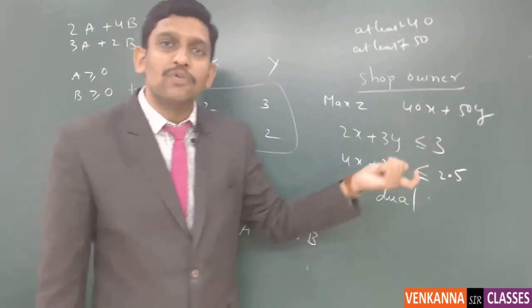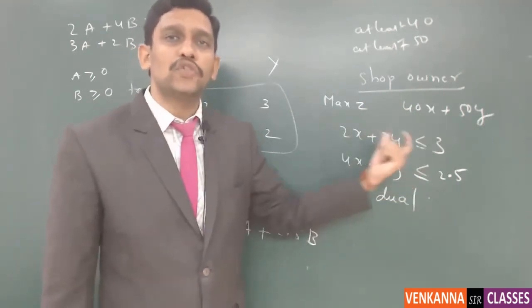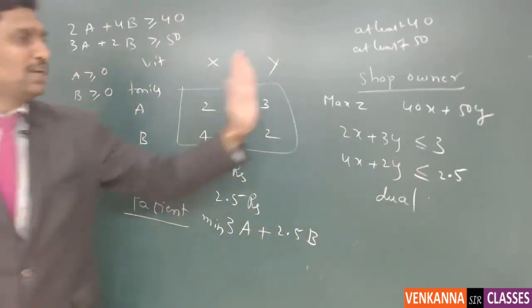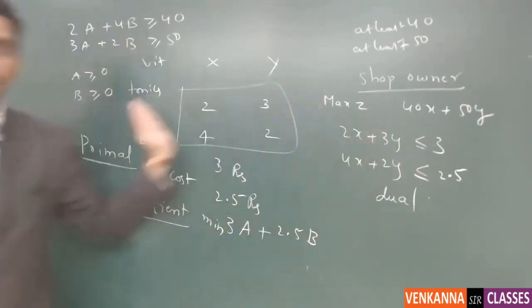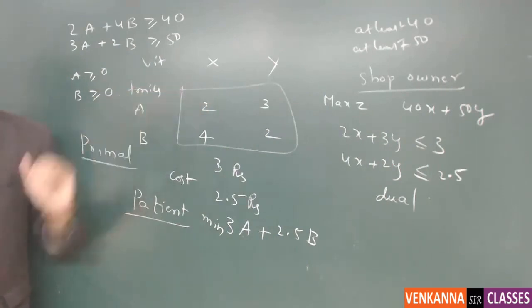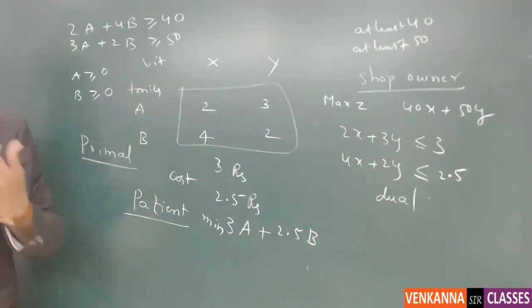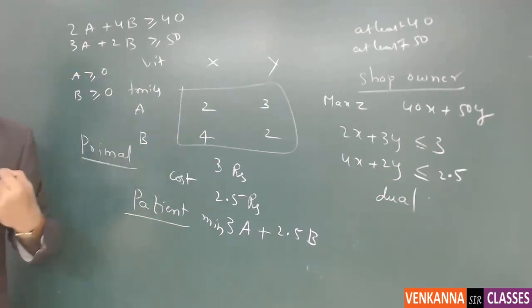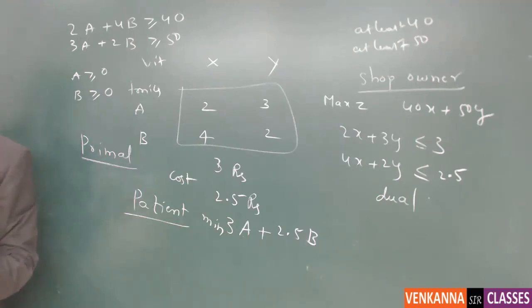So the number of variables is very small, and you solve the problem within a short span of time, so that one solution will give the other solution, and both will be solved at a time. To avoid the computational difficulty, the concept of dual is introduced. The given problem will be formulated into another LP problem, which is called the dual of the original problem, and we are going to solve that. Fine.